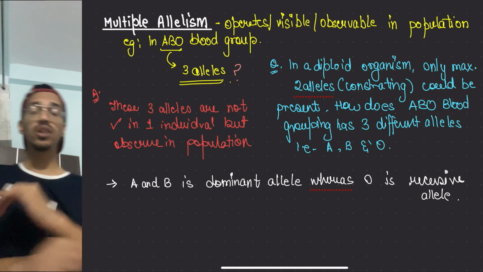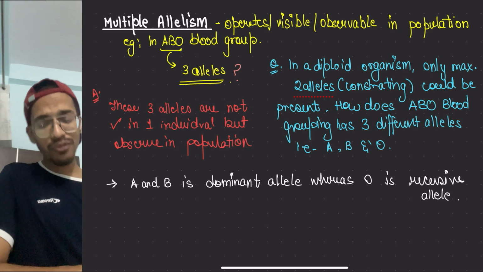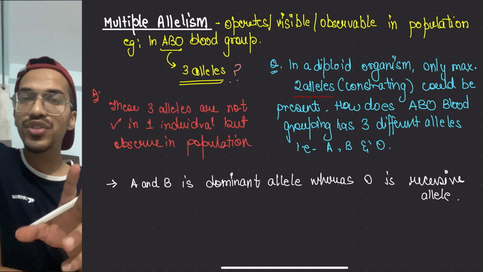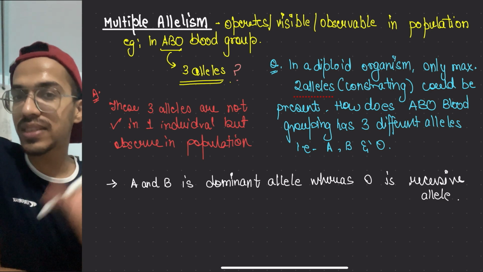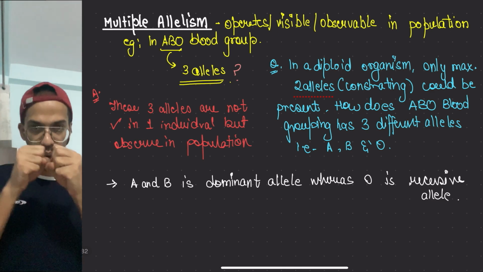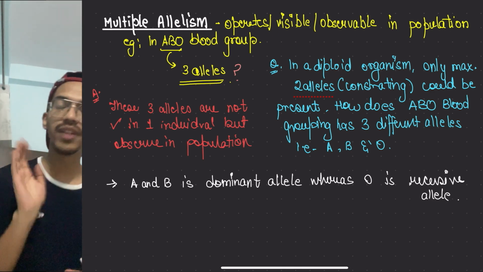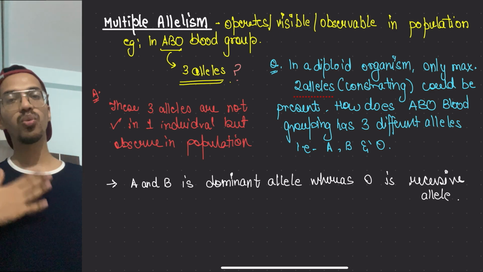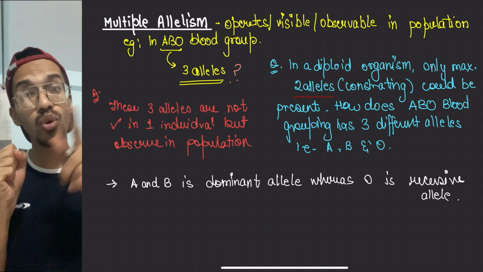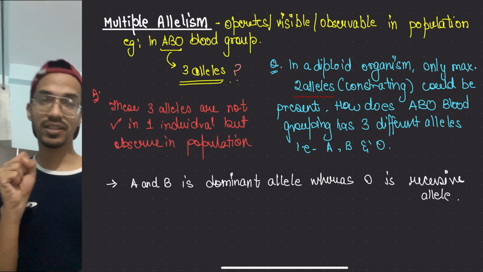With this, we have to understand that for O to show its effect, it has to be in the homozygous recessive condition. Both alleles should be O in my body, then only it will show. If by chance one of my alleles is O and the other allele is A, it will show A, because A is the dominant character.